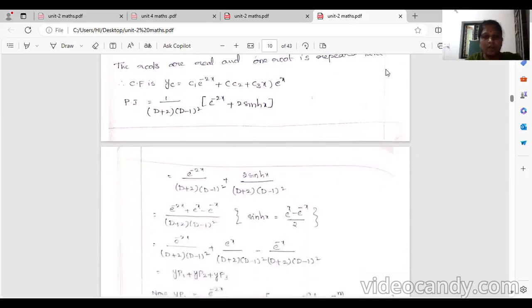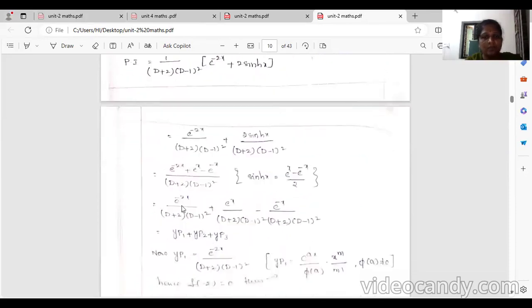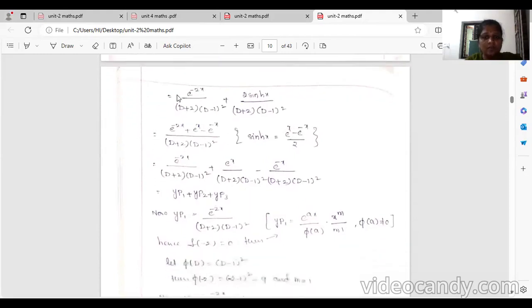So the hyperbolic function is converted into exponential: sinh x = (e^x - e^(-x))/2. It can be written as e^(-2x) plus, the 2 cancels, leaving e^x - e^(-x).